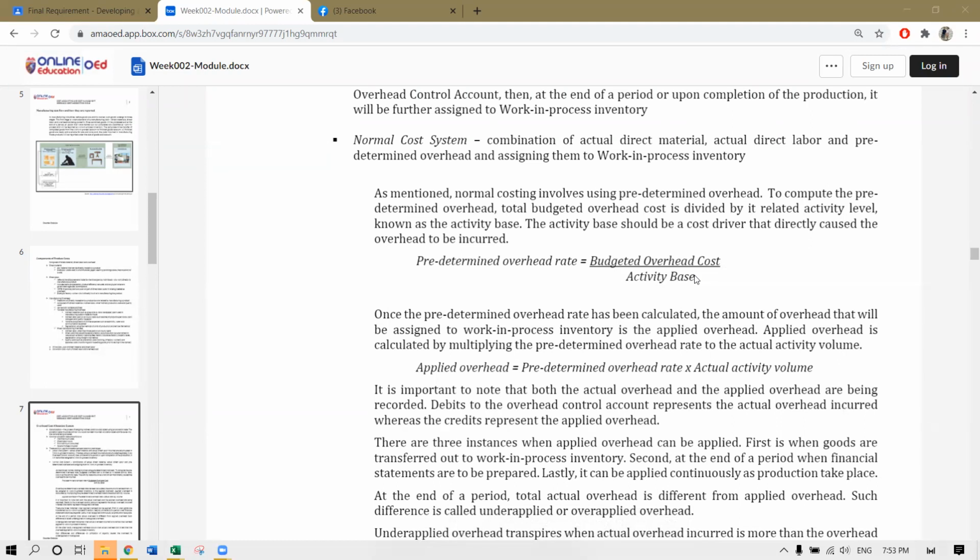So meaning 50 per hour. So on 50 per hour, since we are looking for the applied overhead, multiplied naton by the number of hours that was actually used during that year. So 50 times 19,000, we have 950,000 applied overhead for that year. So may ito hiyat pag-compute if we are using the normal cost system.